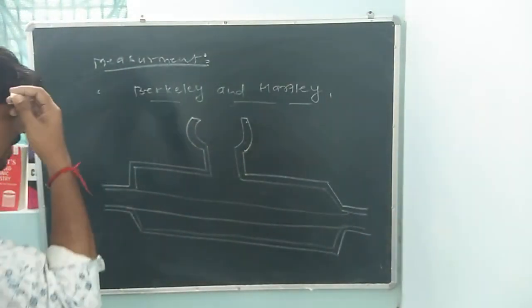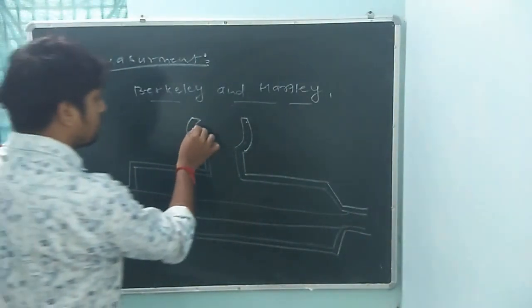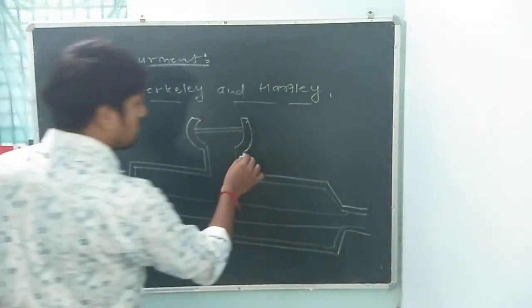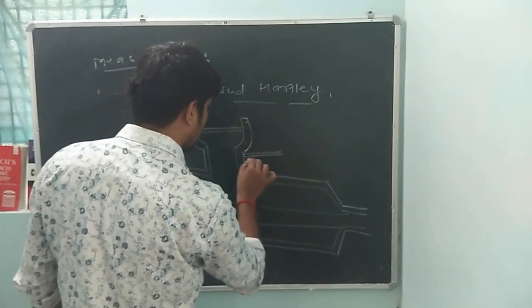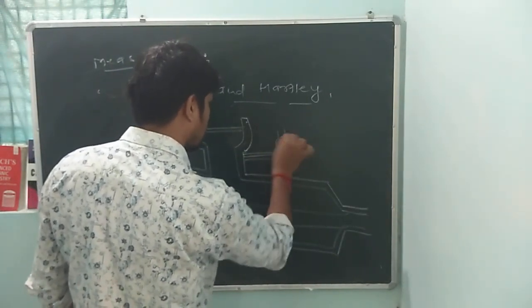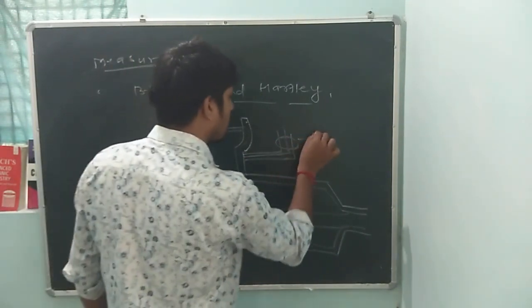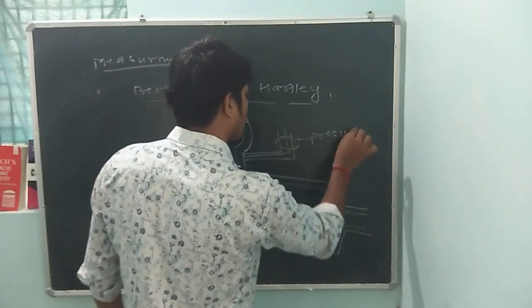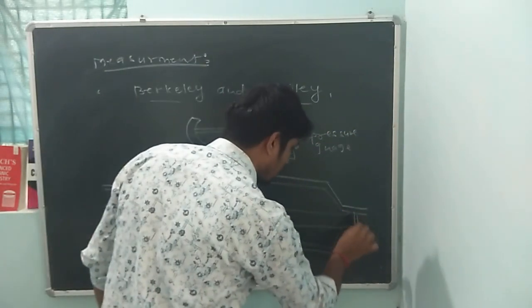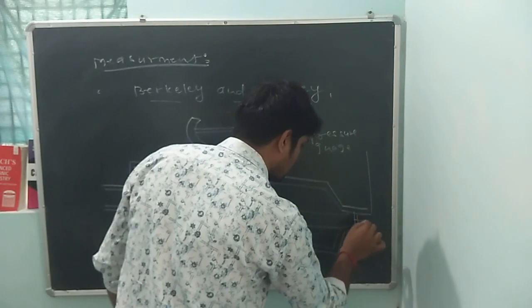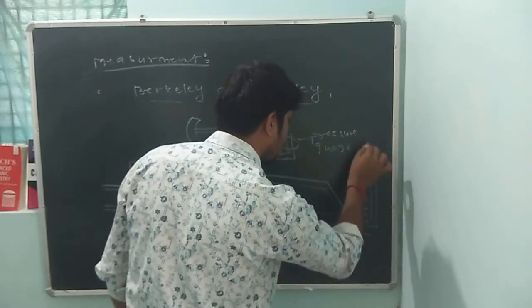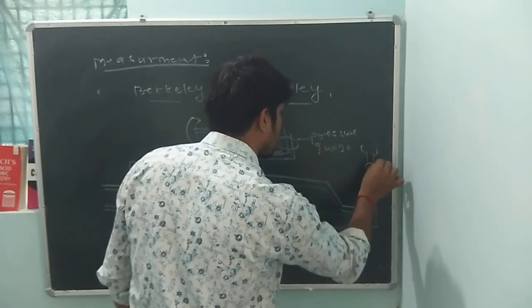This is the diagram, and I will explain how many parts it contains. First, this is called the pressure gauge, and this is a funnel.